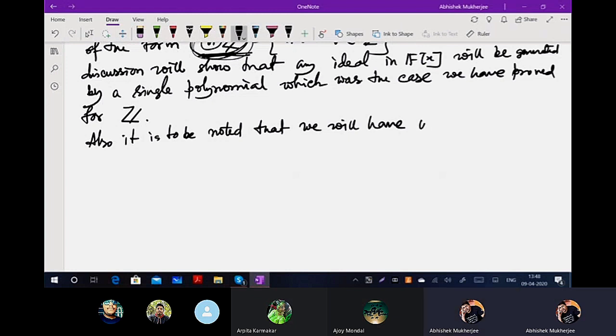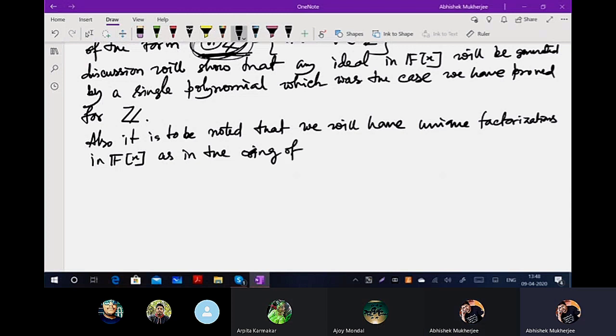We will have unique factorizations in F[x], as in the case of the ring of integers Z. That is, in Z every integer can be expressed, what was the theorem?